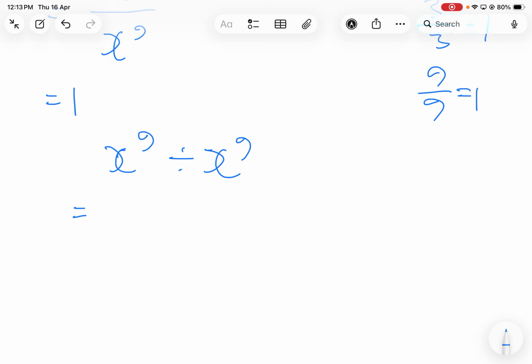Divide. Okay? If I write x as the base, what do I do to the power when I divide? Wrong. What do I do? If I go back to what last topic you all did, 3 to the power of 5 divided by 3 squared, what will you do?